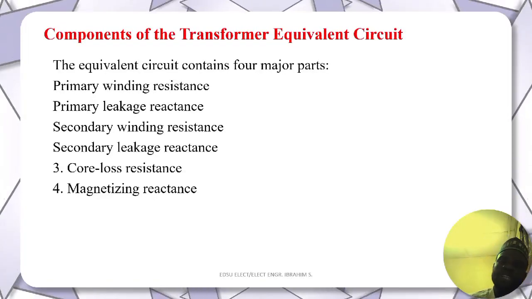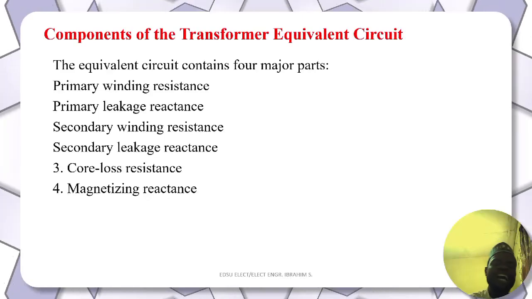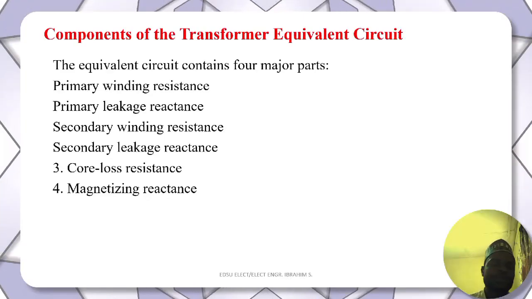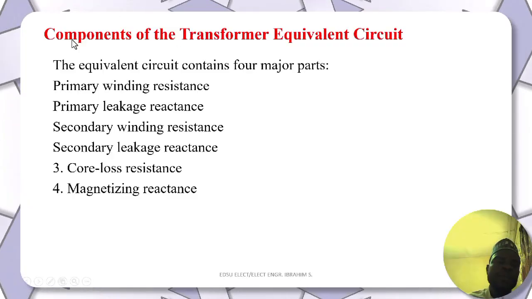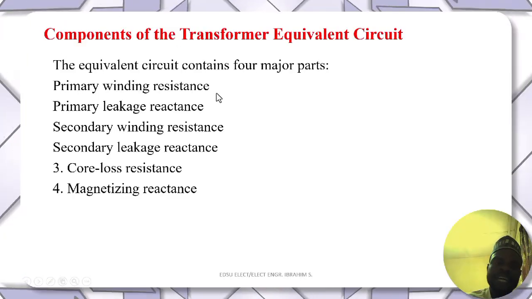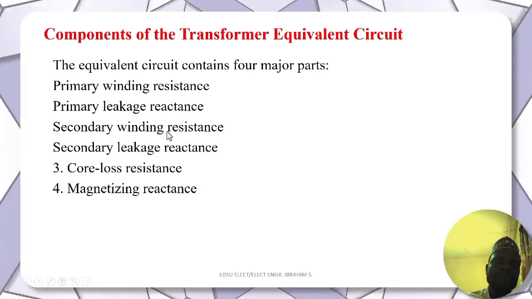Now, components of the transformer equivalent circuit. The major components we have in the transformer equivalent circuit are four. One, you have winding resistance: the primary winding resistance and the secondary winding resistance.